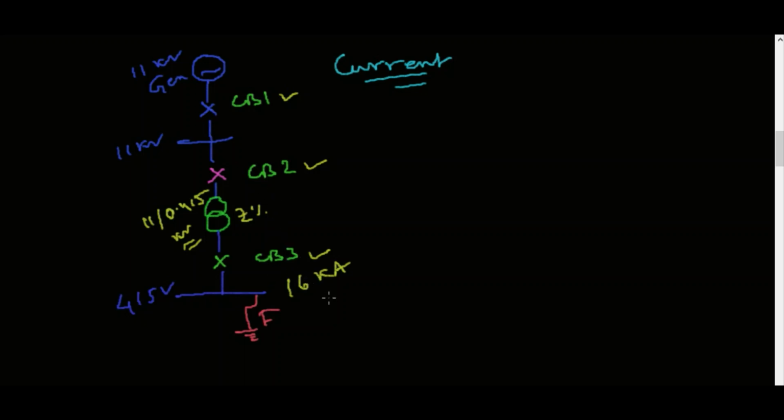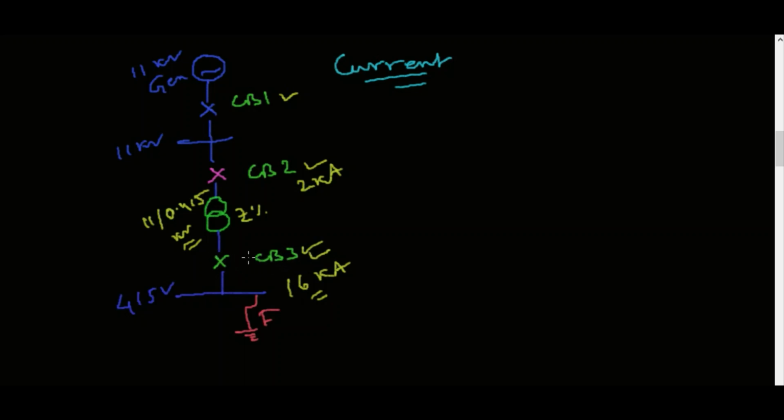Let's say for this 16 kiloamps fault current at 415 volt system voltage, at the transformer upstream side, that means at the 11 kV side, this fault current is, let's say, 2 kiloamps. So this circuit breaker will trip based on this fault current, obviously after applying some margin.